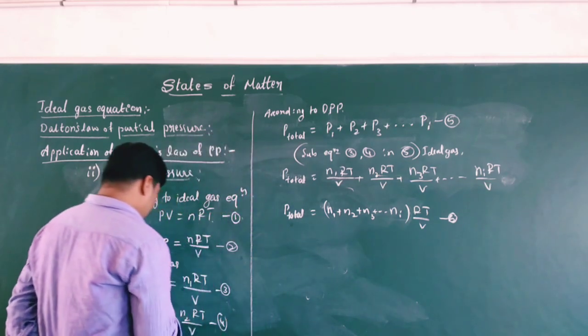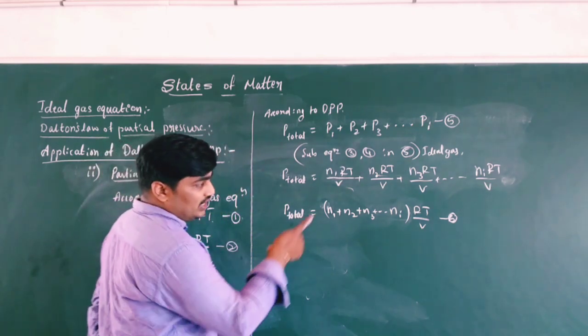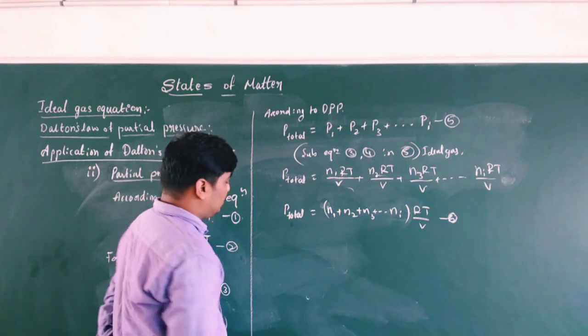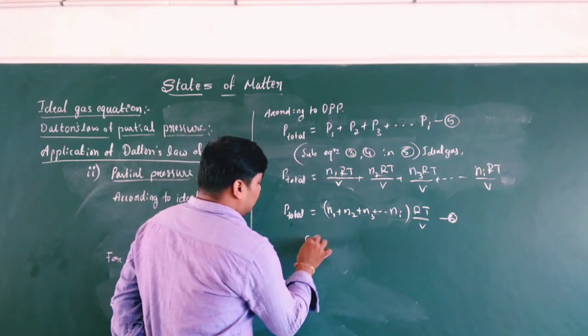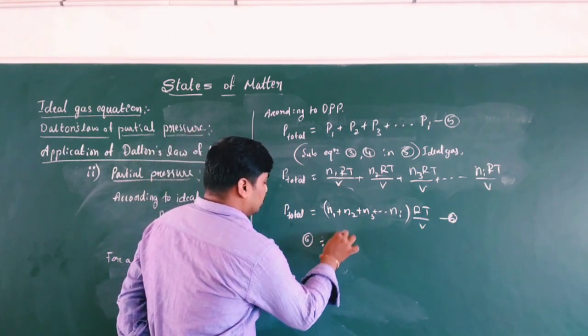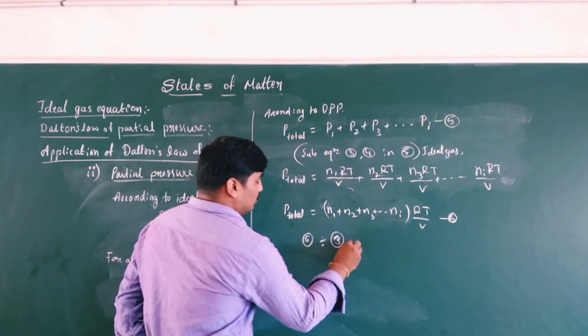Here, just divide equation 3 by 6. What do we get?